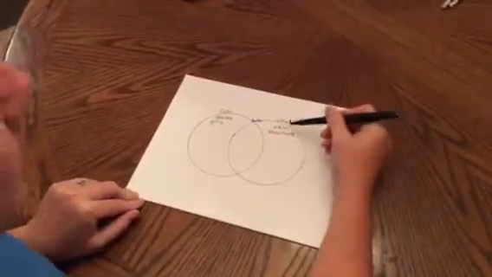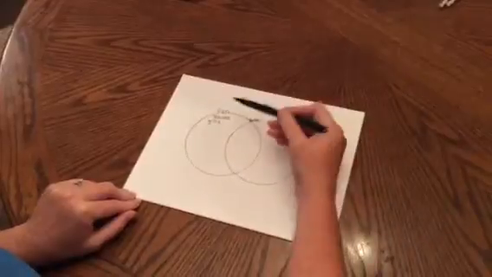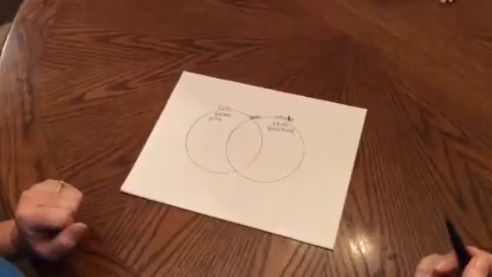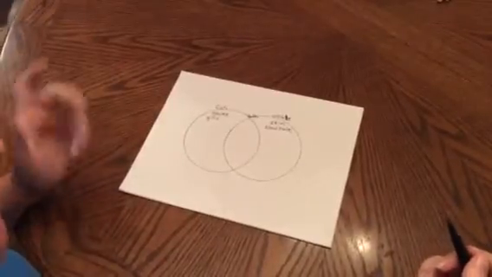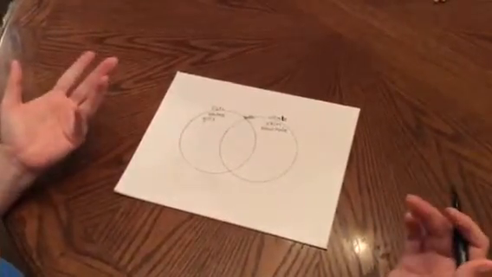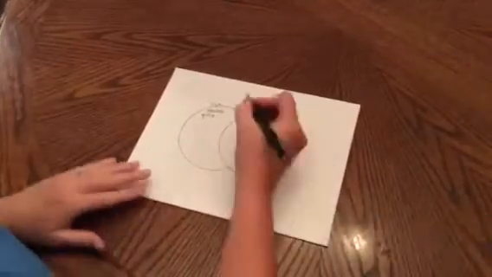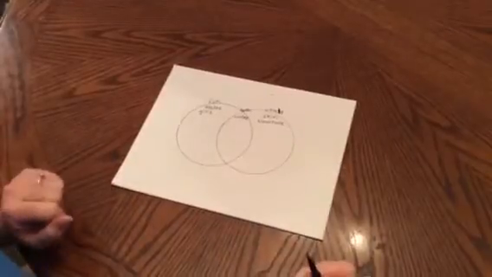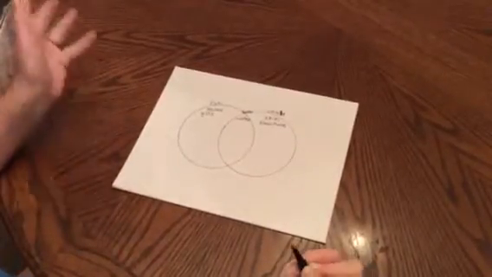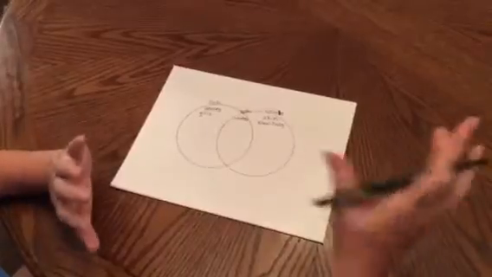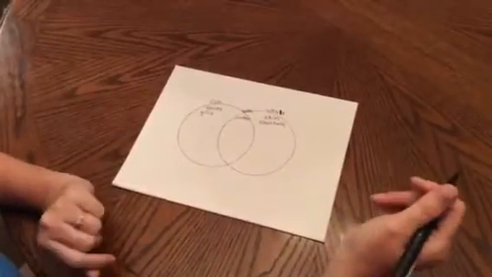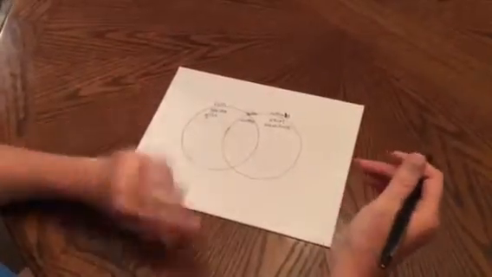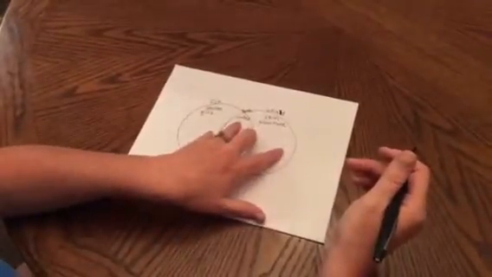So far on the whale side we have skin and a blowhole, and on the fish side we have scales and gills. Now, to think of something that they both have in common, they both live in water. So we're going to put water here. Now I know that there are freshwater fish and saltwater fish, and that whales live in saltwater, but for the purposes of the Venn diagram, we're just going to say that they both have the water in common.